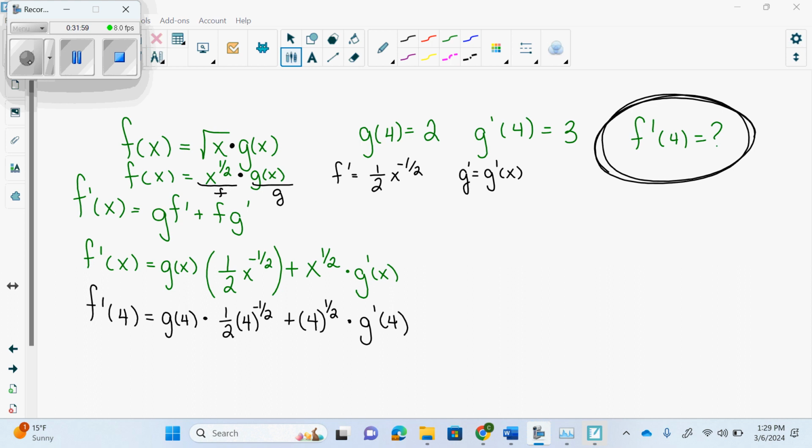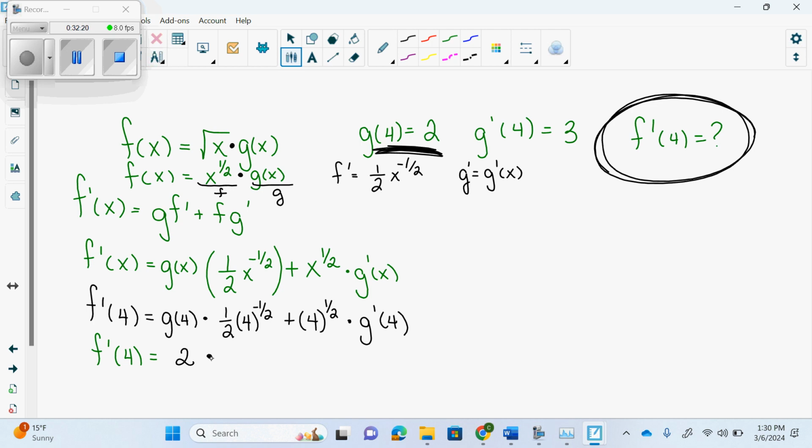So F prime of 4 is what we're finding. We have G of 4. What is G of 4? What do they tell us? G of 4 equals 2. So I can take G of 4 off my board and put it as a 2.